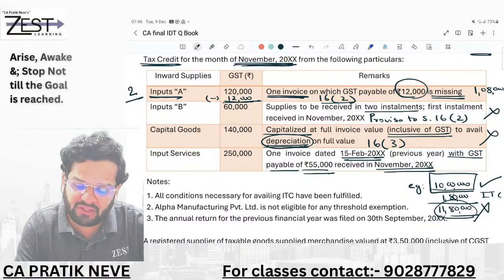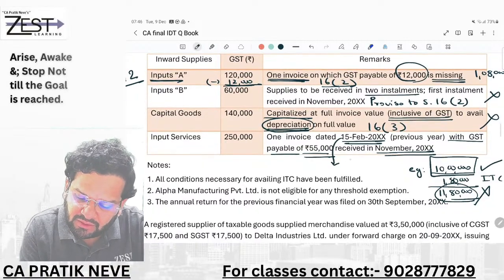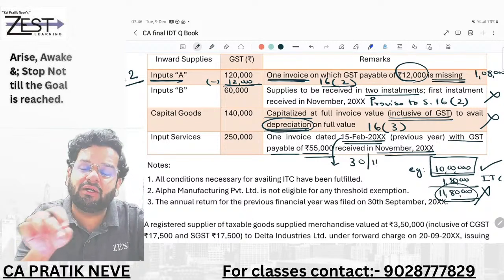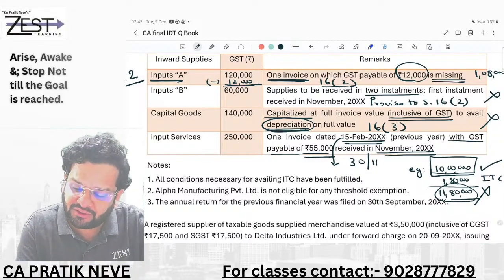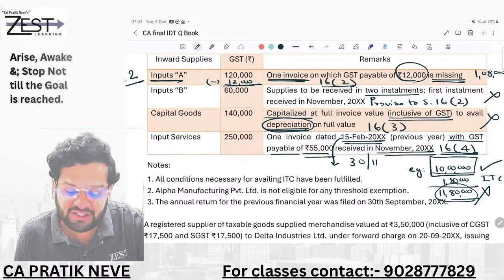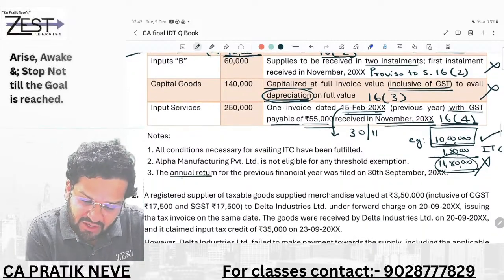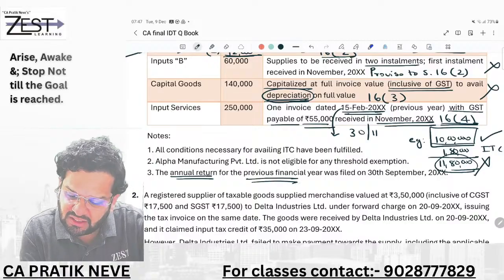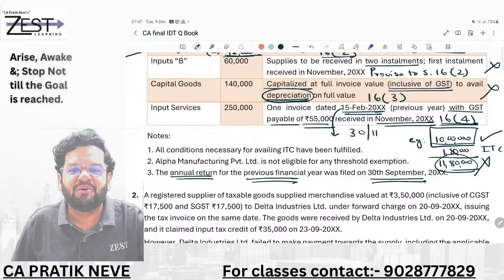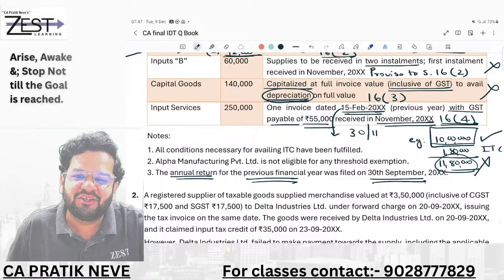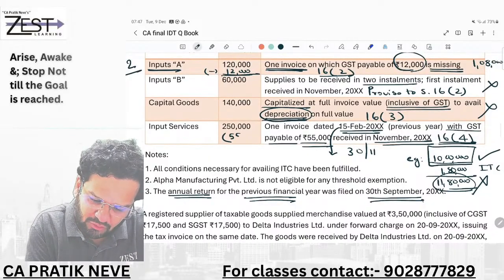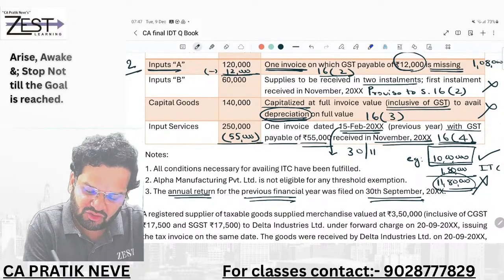The last date of claiming ITC was 30th November or the actual date of filing of annual return, whichever is earlier, but it is said that the annual return of the previous year was filed on 30th September. So friends, after 30th September, you can't claim ITC. So for 55,000, you can't claim ITC.